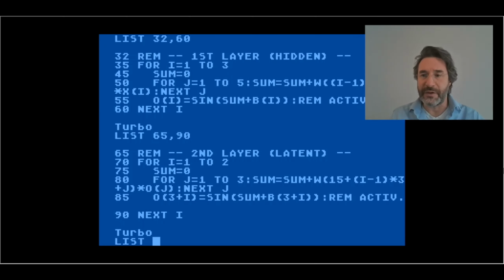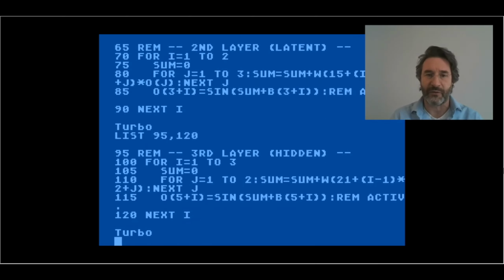We can now proceed further with the listing, and we are going to go from line 95 till line 120, where we now find the part that implements the third layer, which is the hidden layer. In this particular case, this is the second hidden layer that we have in the autoencoder when we go from left to right.